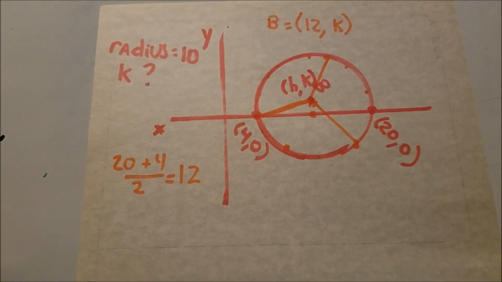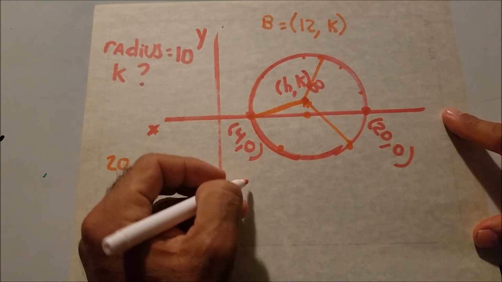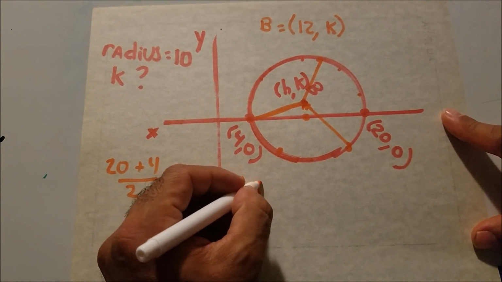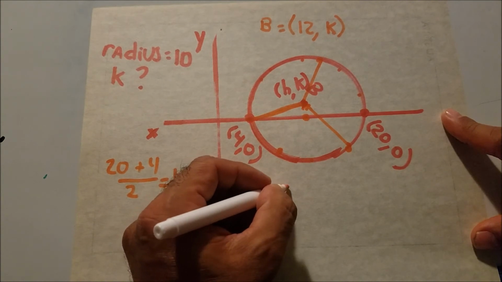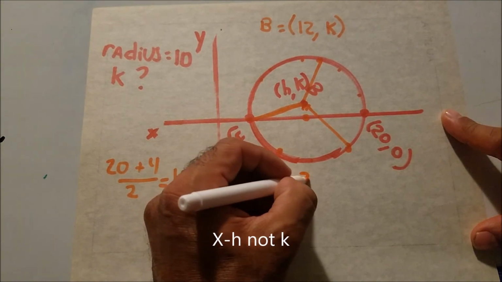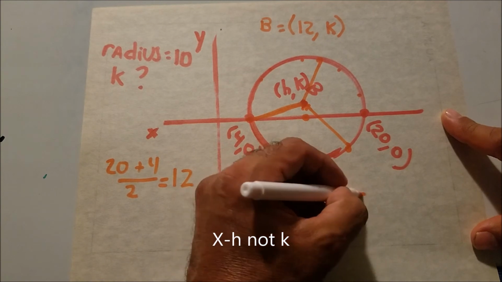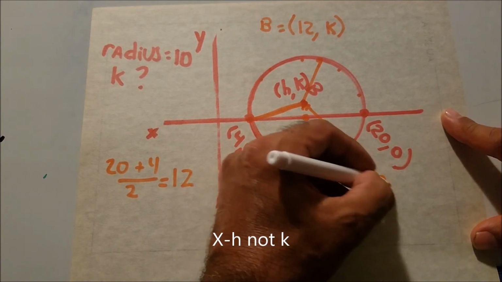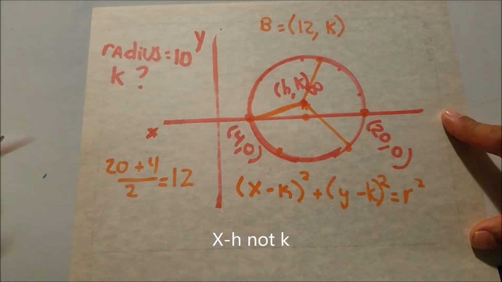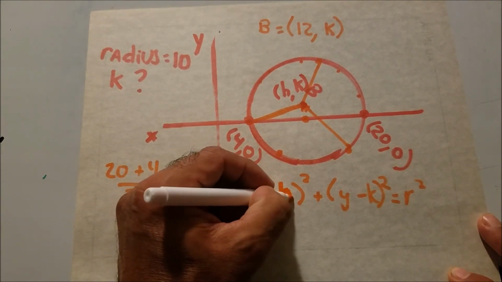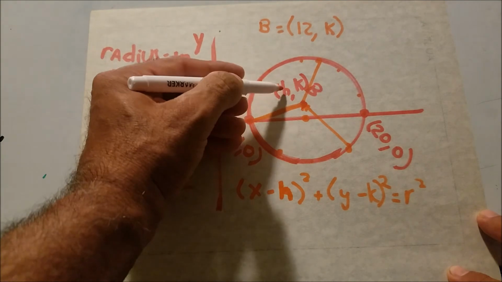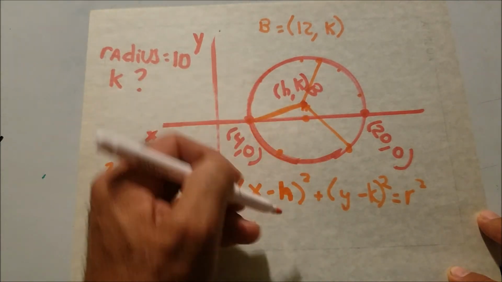Now, let's use the equation of the circle, and we'll find out what k is. So we'll write it over here. Remember, the equation of the circle is x minus h squared plus y minus k squared equals r squared. Remember, the h is the x value and the k is the y value.